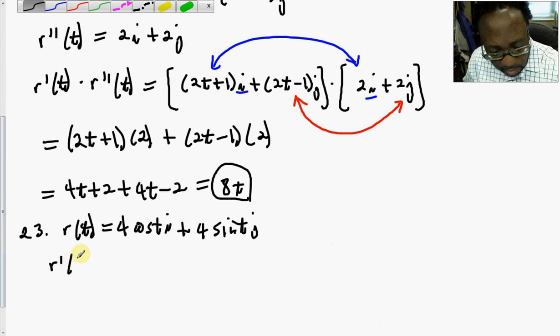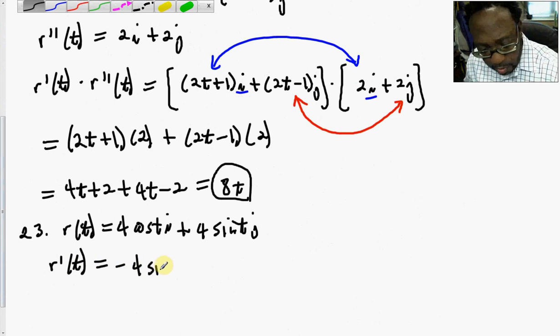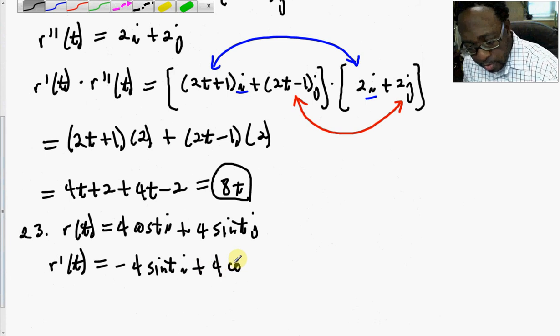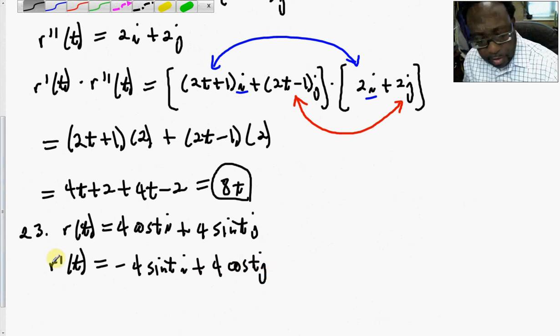So r prime of t is negative 4 sine t i plus 4 cosine t j.